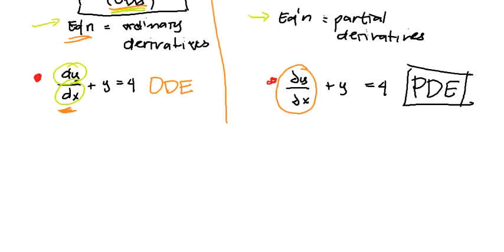Okay, another example. Say we have 4 plus the second derivative of s with respect to r plus ds all over dr is equal to 0.